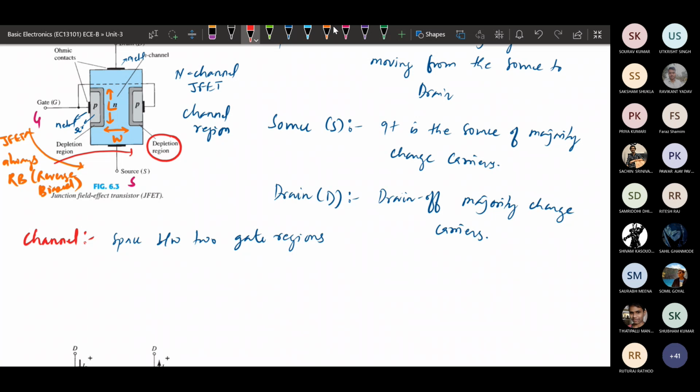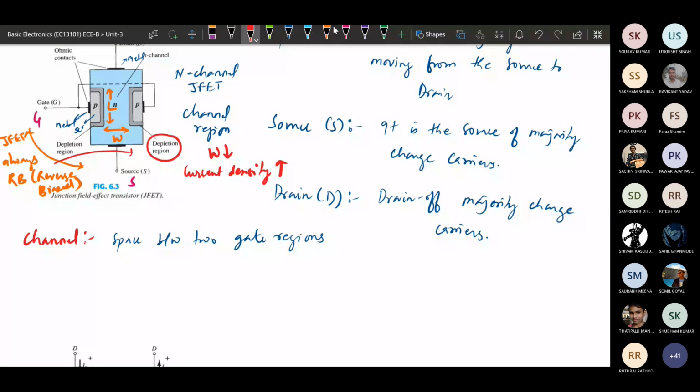As the channel width reduces, the current density increases. So the current will increase in this region because the current density increases with the reduced channel width. This is how the gate controls the current flow between the source and drain side.